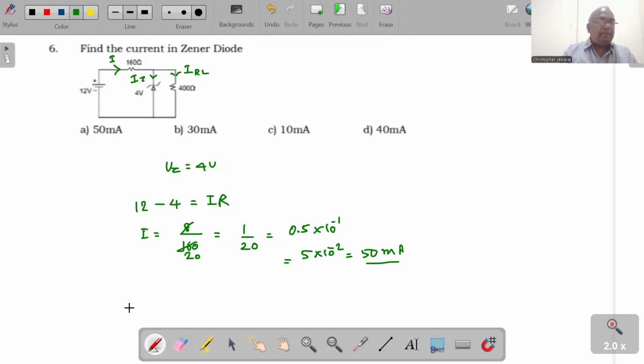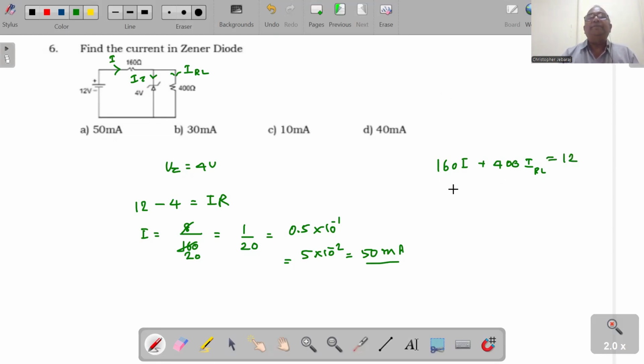This is the total current I. Here we wanted to find out IR. Now we are going to take this closed circuit and use Kirchhoff's second law. 160 into I plus 400 into I, that is RL, IRL, completed equal to 12 volt.